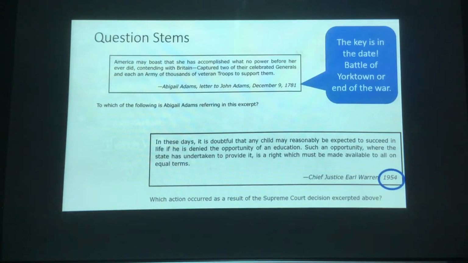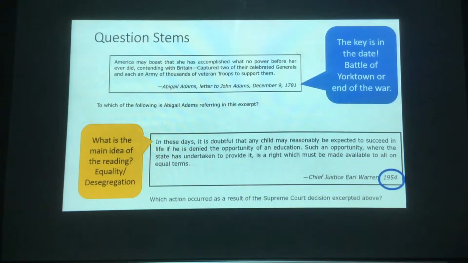So to which of the following is Abigail Adams referring in this excerpt? Or in the quote below, what is the main idea of the reading? Equality and desegregation is the main idea. And we see that the date is 1954. That date would have been around the time when we had civil rights issues in America.